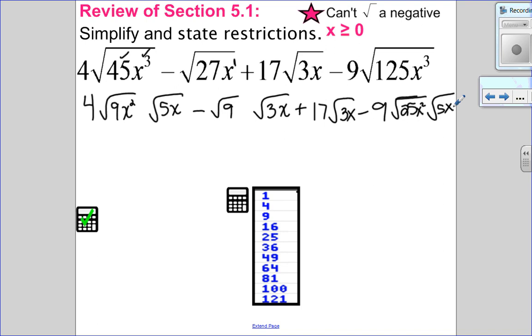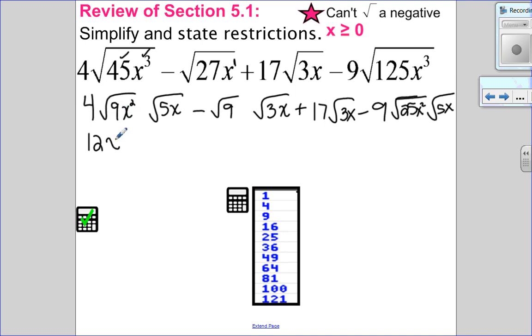Okay, so let's go ahead and evaluate these. The square root of 9 is 3, times by 4 is 12. And then the square root of x squared is just going to be x. Okay, here we go. So square root of 9, 3 times 4 is 12.